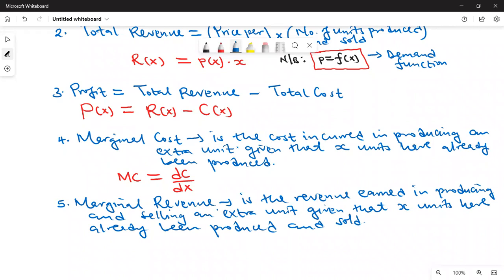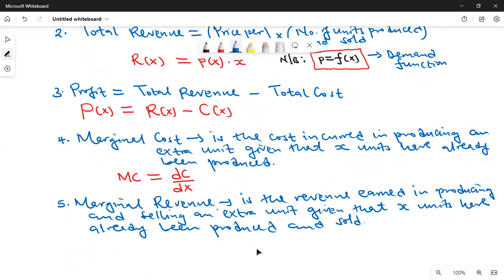You want to know if you produce that extra unit and also sell it, how much will you earn on top, given that already you produced and sold X units? Just like the example of you have produced 10 units and you have sold them. Now you want to produce an extra unit, that is the 11th unit, and sell it also.